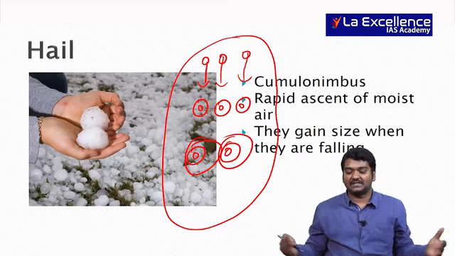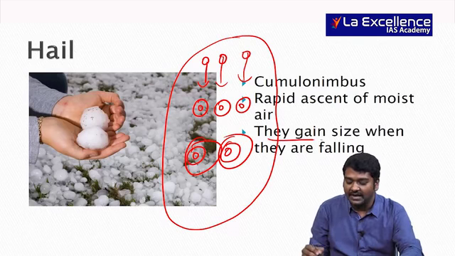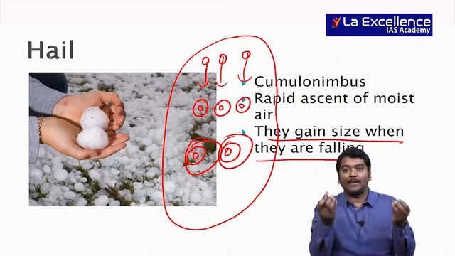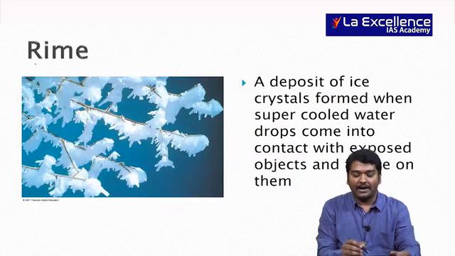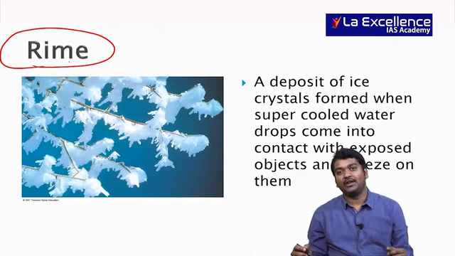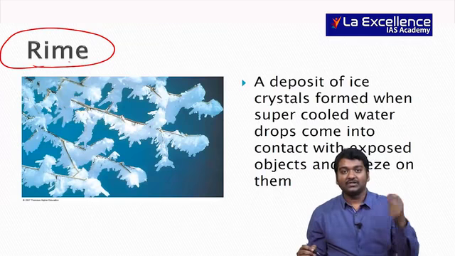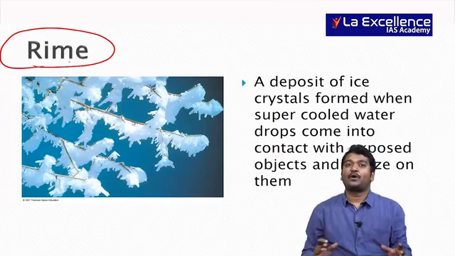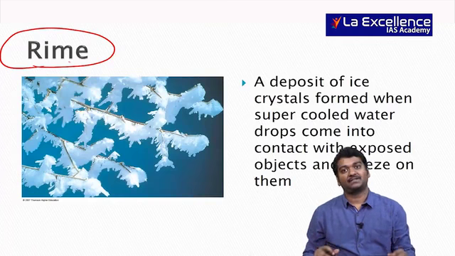And this increases in size as well. They gain size when they are falling. Can you understand? Water droplets are there, and when they are coming down, they keep adding and they come down. Rime, not in tropical regions, usually in polar regions you see. They are attached to the leaves, right? These are some of the points that we need to understand as basics.